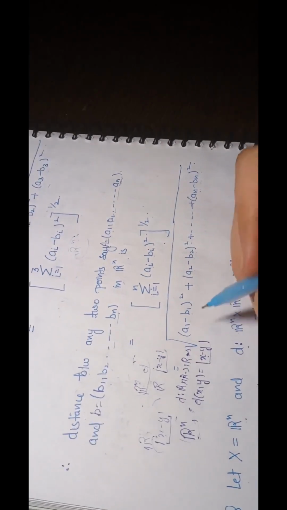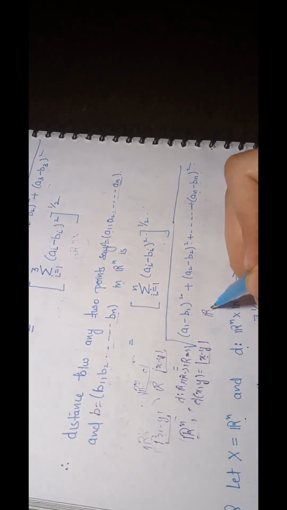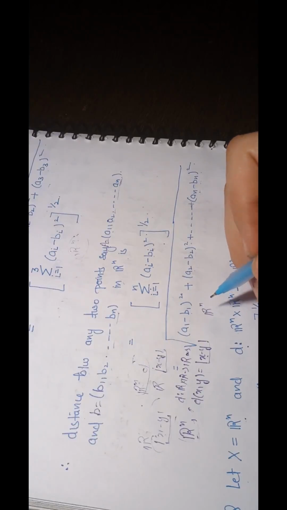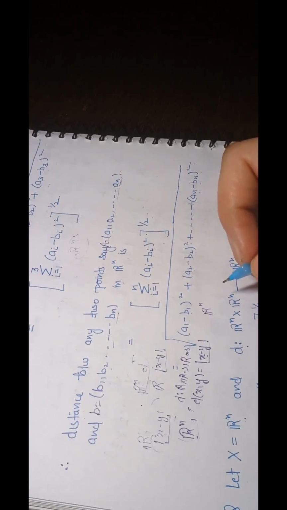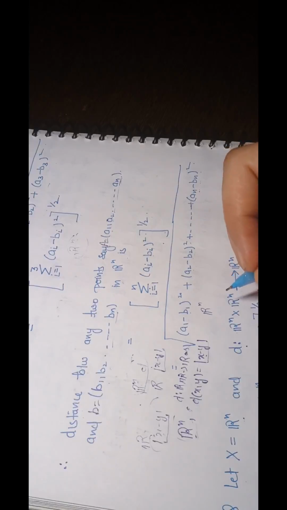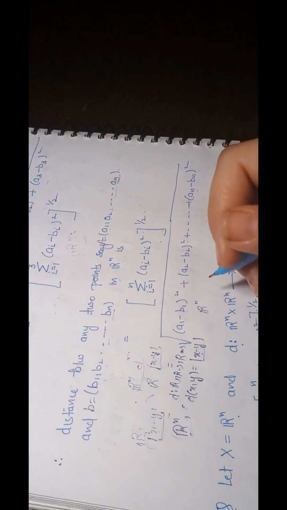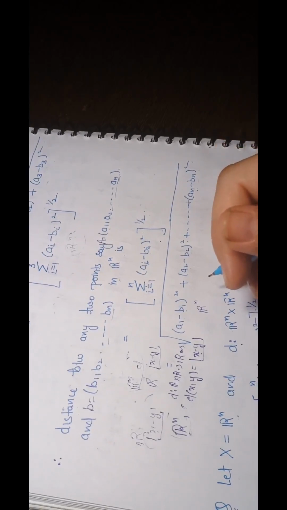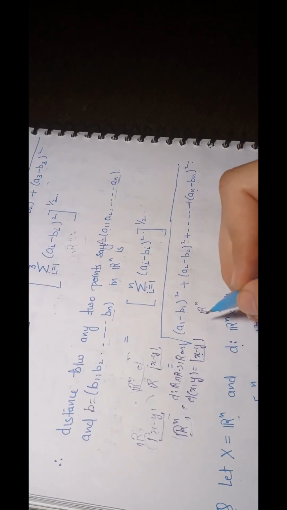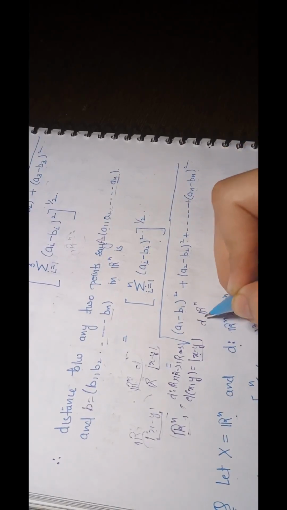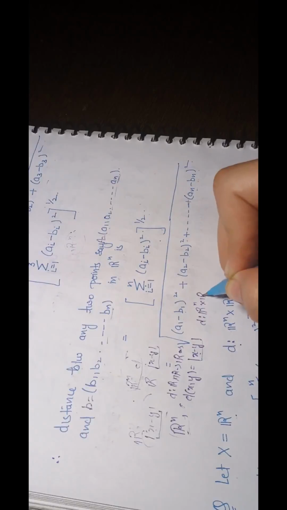Similarly here, now we know the set Rn and we know the formula to find the distance between any two points. So using that distance formula, we will define the metric on Rn. How will we define the metric from Rn cross Rn?